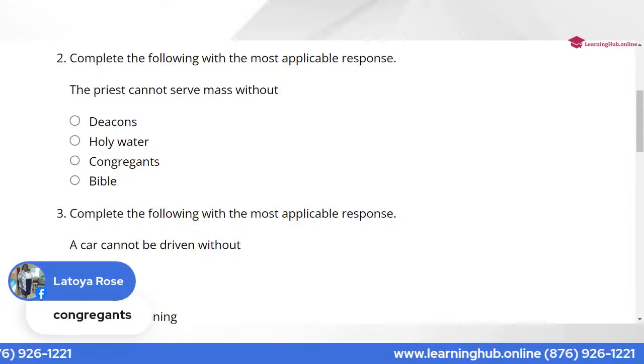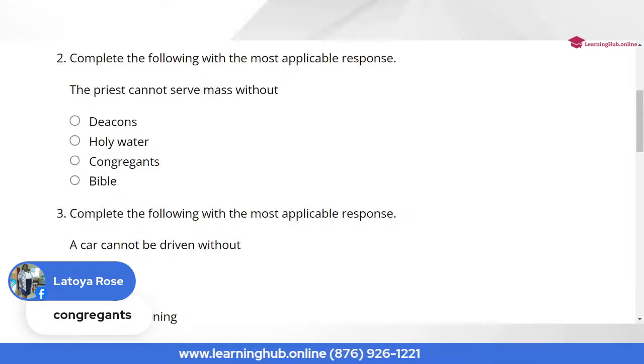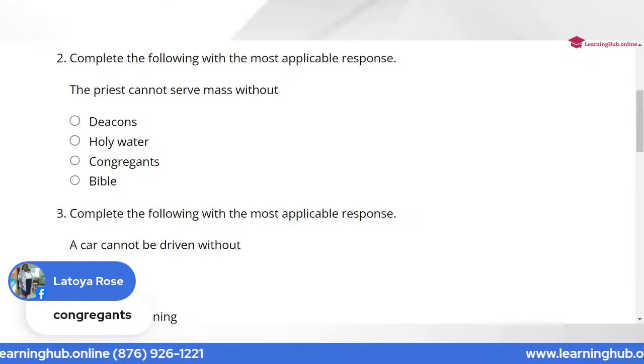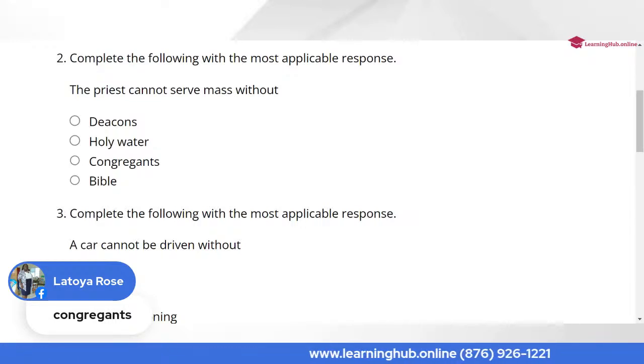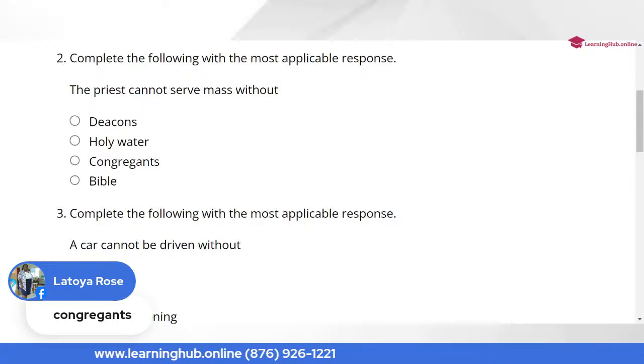Latoya Rose is saying congregants. Again, I agree with that. So, yeah, deacons can be absent. Holy water can be absent. Bible can be absent, but you must have some congregants in order to serve your mass.